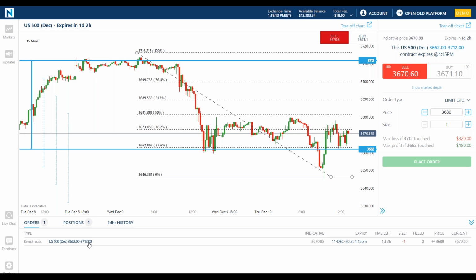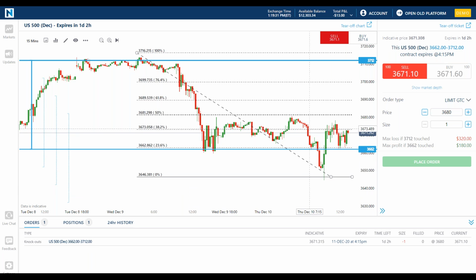But the point is, I can exit the trade earlier if I want. I also showed you how to place a trade between the bid-ask spread. So it's very customizable to your trading style.